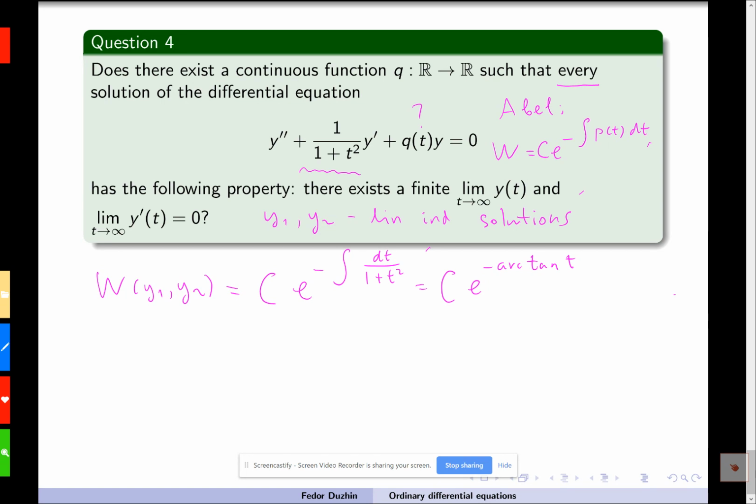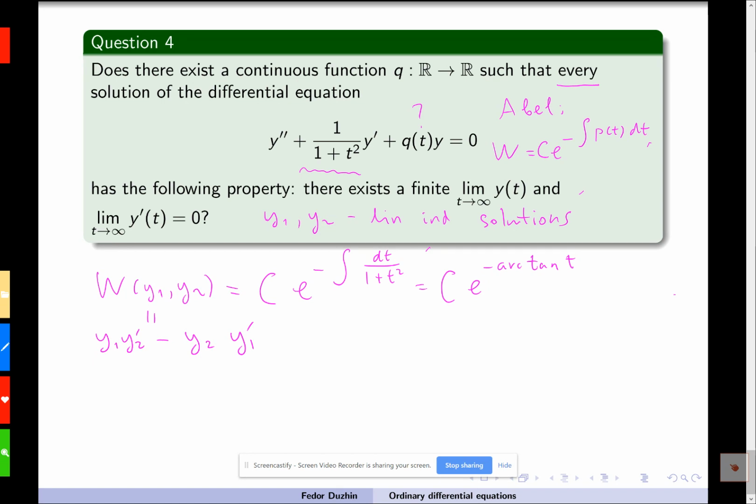What does it have to do with our property? Since we are given information about y of t and y prime of t, and they appear in the Wronskian, why don't we just write what the Wronskian is? The Wronskian is y1 times y2 prime minus y2 times y1 prime.